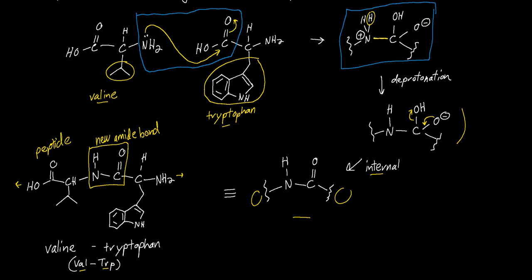The amino end can react with the carboxylic acid end of another amino acid. And so the chain can extend in both directions, and eventually becomes a protein. First a small protein, then a large protein.